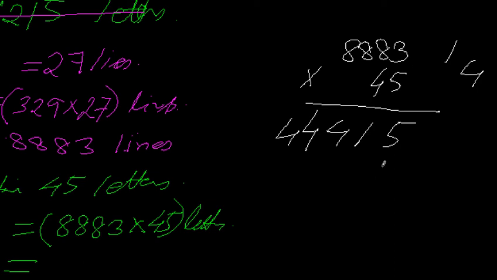Next I multiply 8883 with 40. So that 0 will come here first, and then I can multiply 8883 with just 4. So 4 3s are 12. I have 1 at hand. 8 4s are 32 plus 1 is 33. I have 3 at hand. Again 8 4s are 32 plus 3 will give me 35.